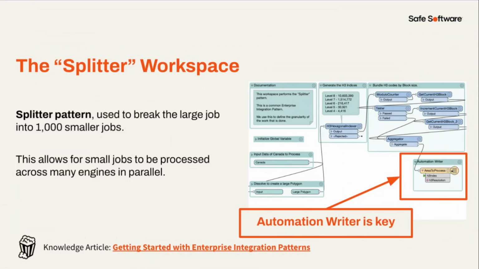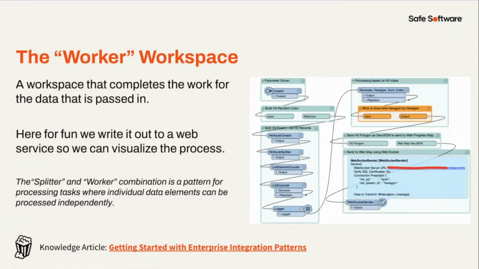And so this is a splitter workspace. I'm just splitting this huge data set up into H3 hexagons. And the worker is then going to get the H3 index to process and process the data within that.